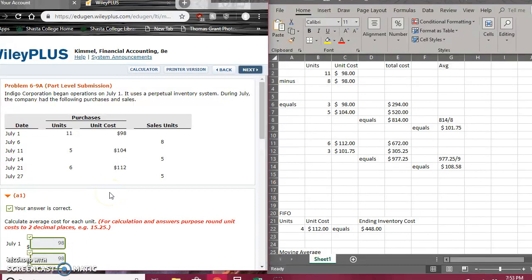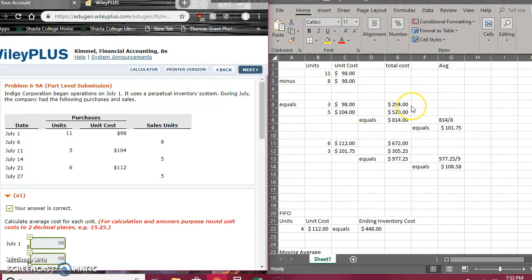Then for July 11th, we have another purchase of 5 units at $104 each. So for this one, we take the 11 units we started with, minus the 8 units we sold. Then we are left with 3 units at $98 plus the 5 units at $104.